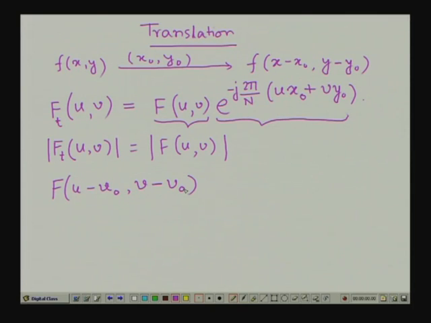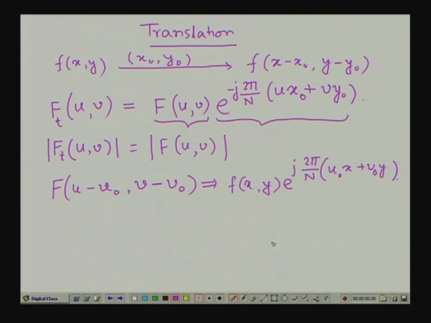And if I take the inverse Fourier transform of this, the inverse Fourier transform will be f(x,y) into e to the power j 2 pi by N (u naught x plus v naught y). So, this also can be derived in the same manner in which we have done the forward Fourier transformation.